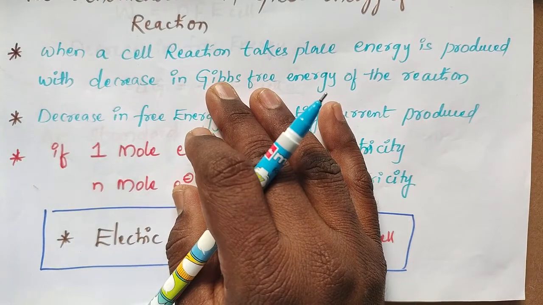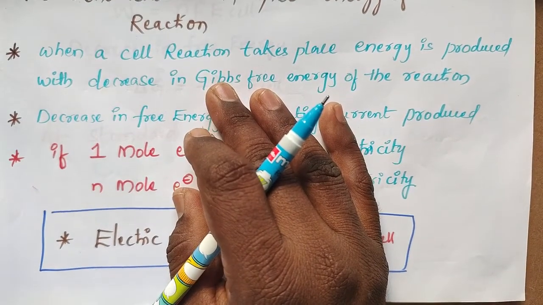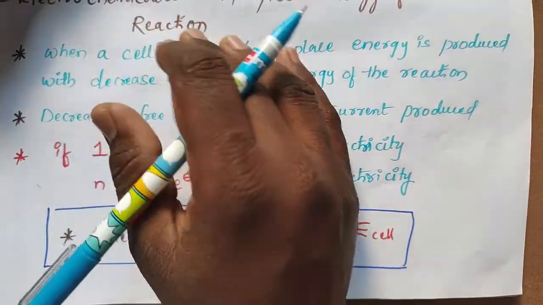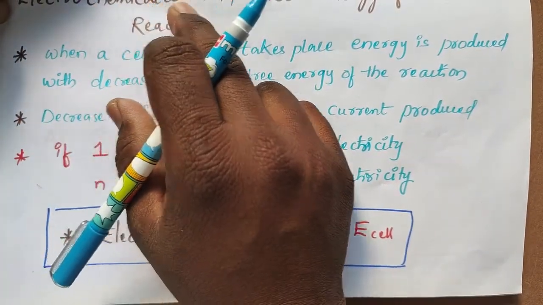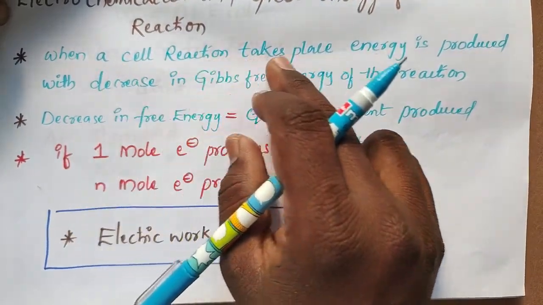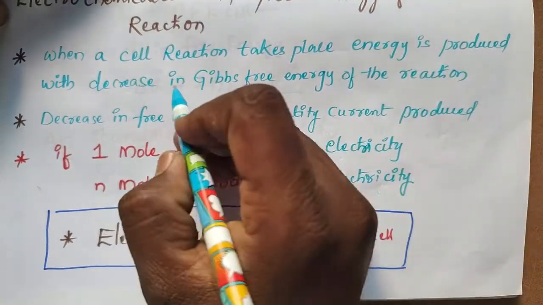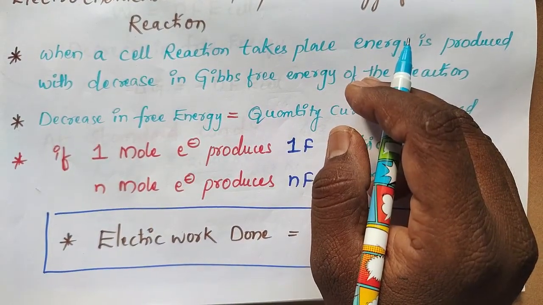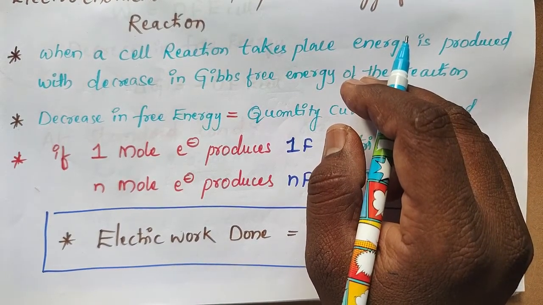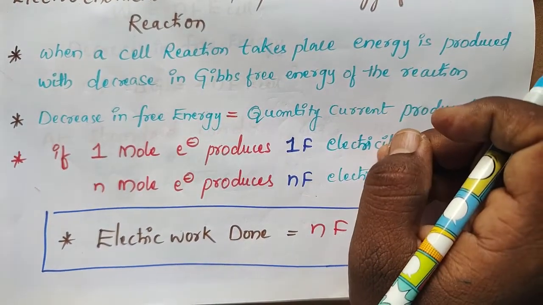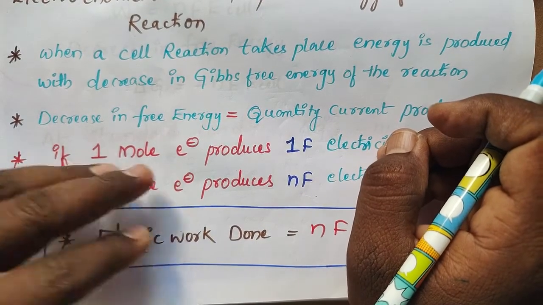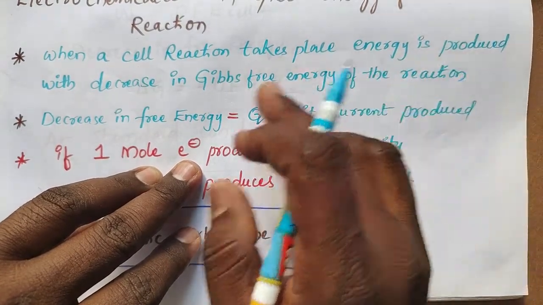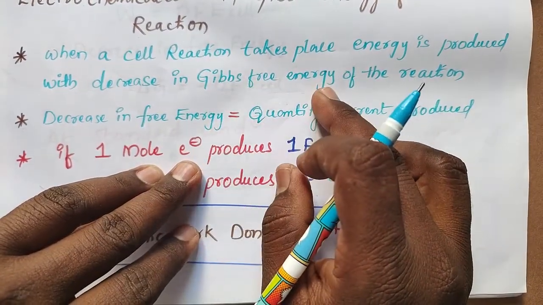And next one is electrochemical cell and Gibbs energy of the reaction. When a cell reaction takes place, energy is produced with decreasing Gibbs free energy of the reaction.